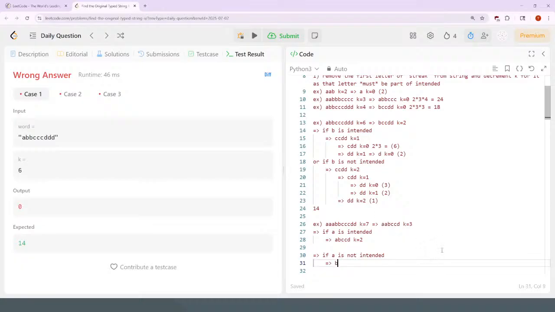So you can move to B, C, C, D, where k is 3. And then here again, if the first A is intended, then you can move to B, C, C, D, k equals 1. And if the first A is not intended, then you can also move to B, C, C, D, where k remains 2.